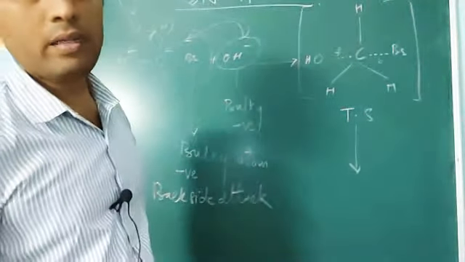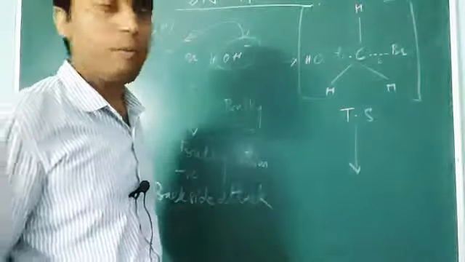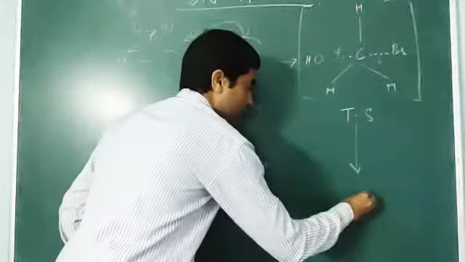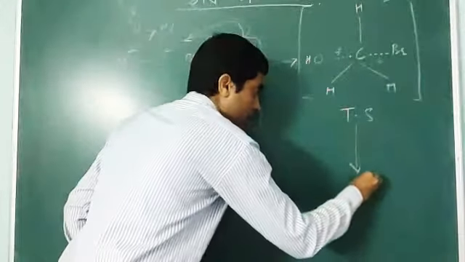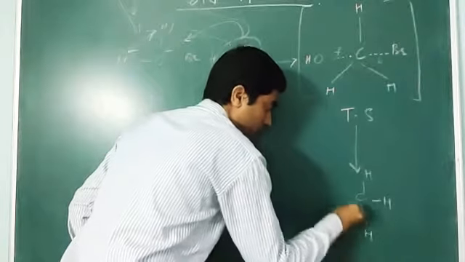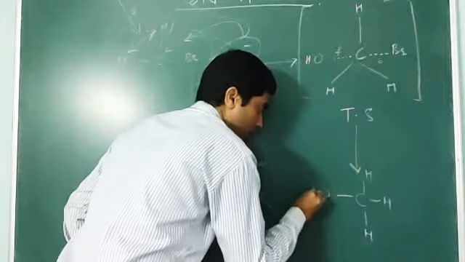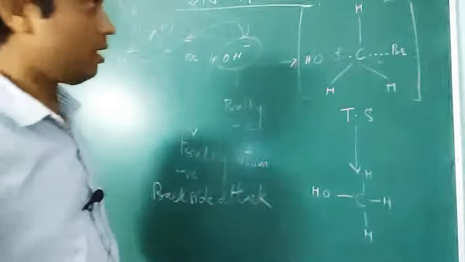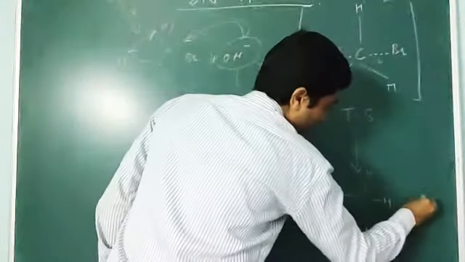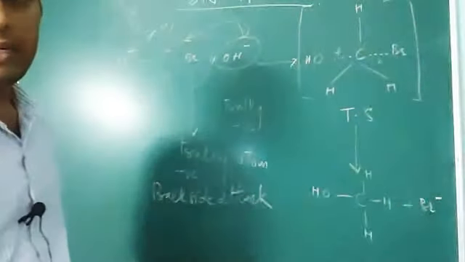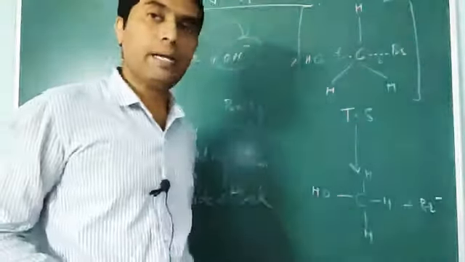After the breaking of the C-Br bond, what happens? Carbon, hydrogen, hydrogen, hydrogen and the OH group, and removal of the Br negative ion.